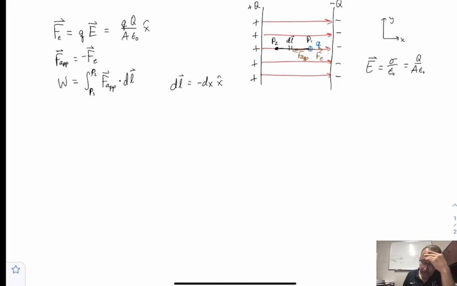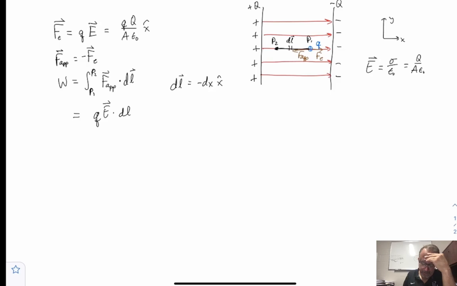And so the applied force being also in the negative x direction and equal in magnitude to the electric force. In this case of a charged capacitor, I would just get Q times E dotted into dl.